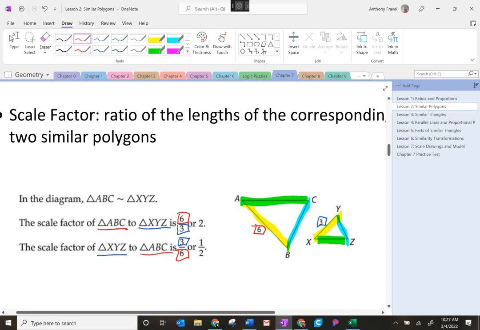Just like usual, we're going to simplify it down to a number that has a 1 in it. So it will be 1/2, or 1 over 2. If you simplify it with the bottom number being 1, it'd be 0.5 over 1. Does that make sense where those scale factors are coming from? A little bit.